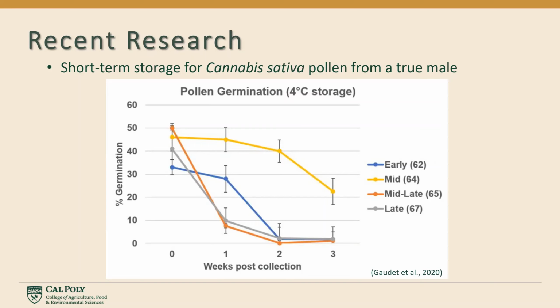The initial germination percentages range between 30 and 50% germination and slowly decline each week after storage. The pollen collected on day 64 remained viable for 3 weeks, and it looks like the pollen could remain even more viable, or it could have been stored for longer if the study continued, as you can see with the yellow line.